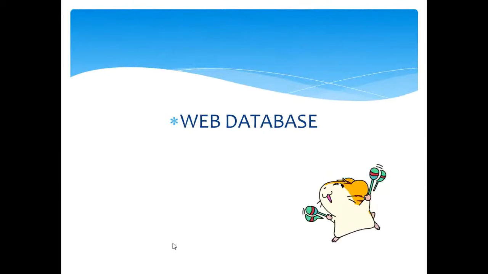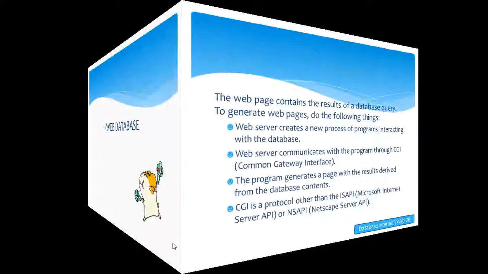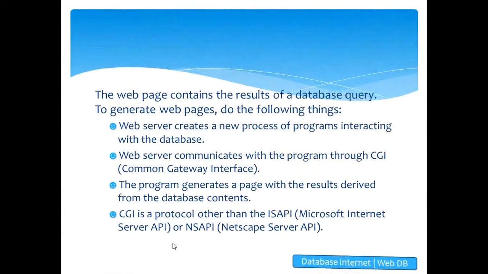The third subject, web database. A web page contains the result of a database query. To generate a web page, do the following. The web server creates a new process of a program that interacts with the database. The web server communicates with the program through CGI, or Common Gateway Interface.